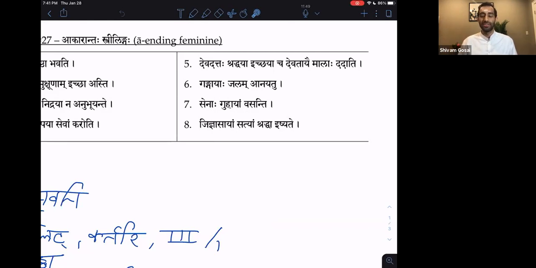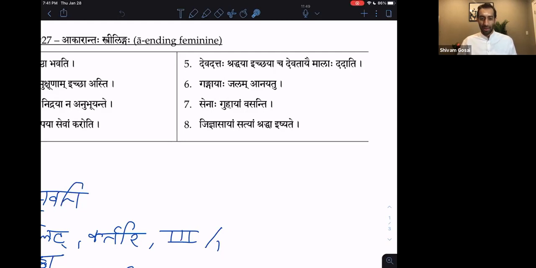So Devadattaha dadati. So this is Devadatta Akaranta Pullinga Prathama Vibhakti Ekavachanam 1-1. This is Kartari Prathama to Dadati. So Devadatta gives. Dadatu, to give. So Devadatta gives.